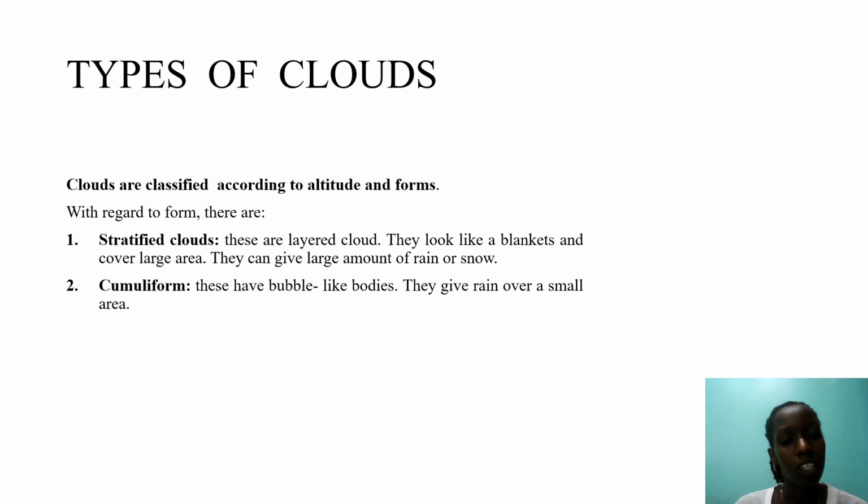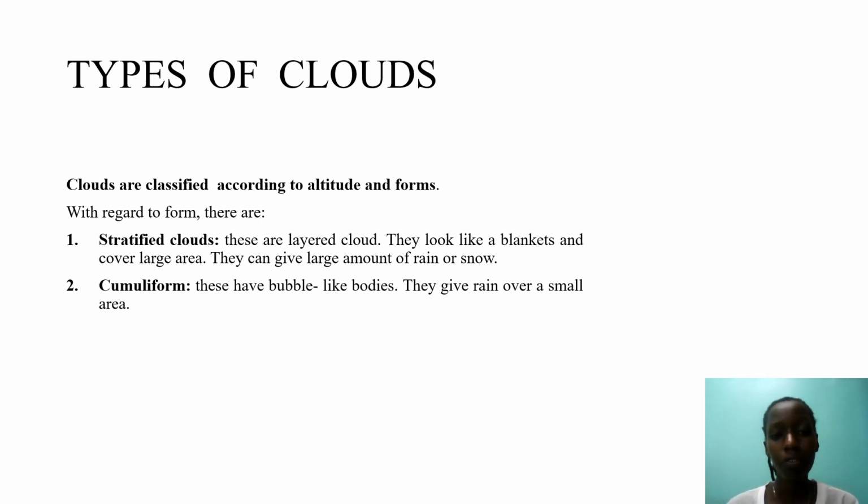First we are going to classify them according to their forms. Here are the stratiform clouds. These are layered clouds. They look like a blanket and they cover a large area. They give off a large amount of rain or snow. The second type of cloud according to form is cumuliform.